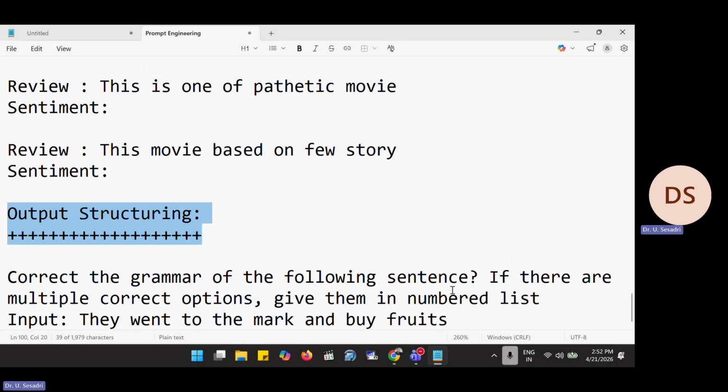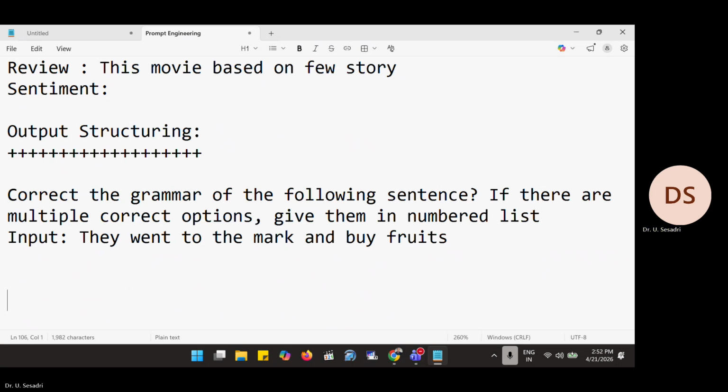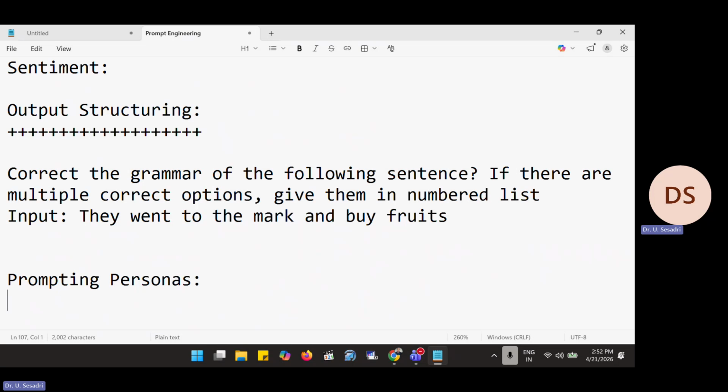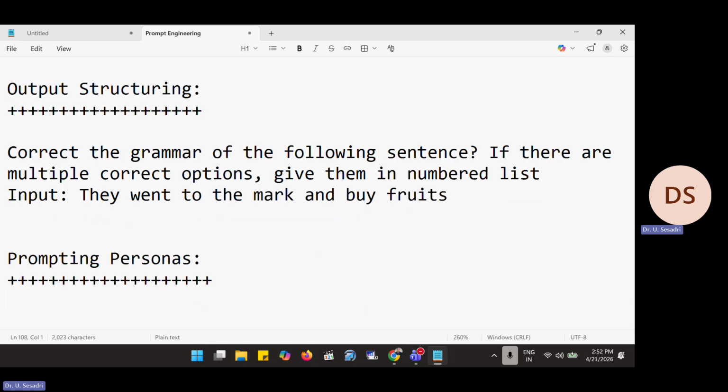Next, one more is prompting personas. This feature asks the AI to act like a person, a role, or an expert before answering.